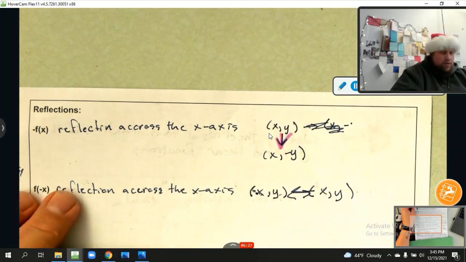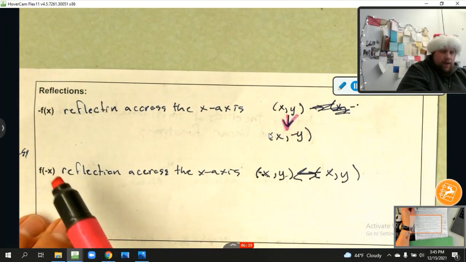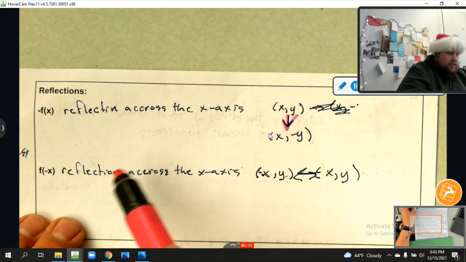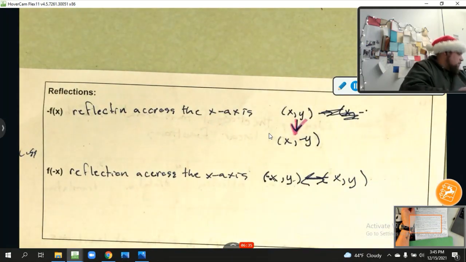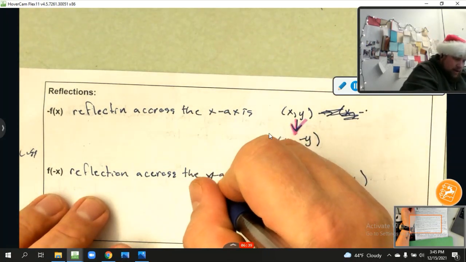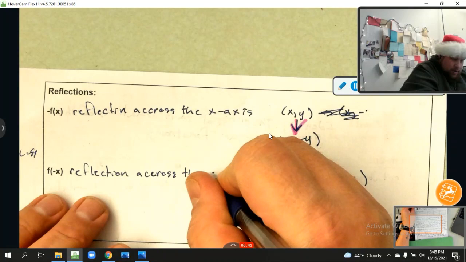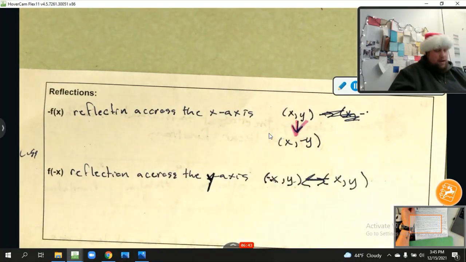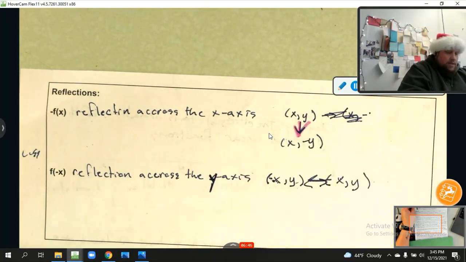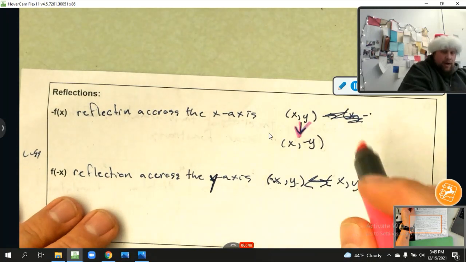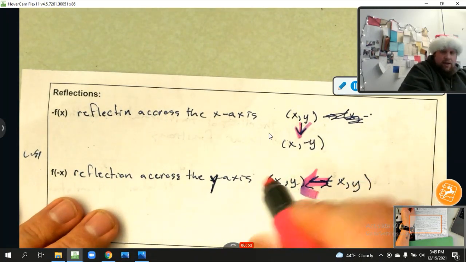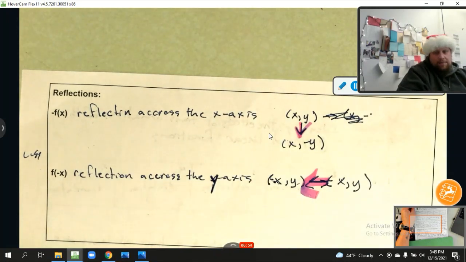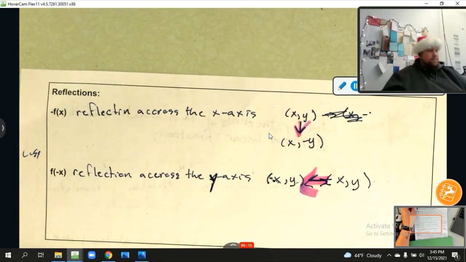I even wrote the correction. Whereas if we have the negative grouped with the x, it's a reflection across the y-axis. Boy, I wrote my y and x to look about the same. Let me correct that. Good night. Sometimes I get in a rush and just have the sloppiest handwriting. And what is that? Well, that is a reflection from the point x, y across to the other side, negative x, y. Okay? It's going to move points.